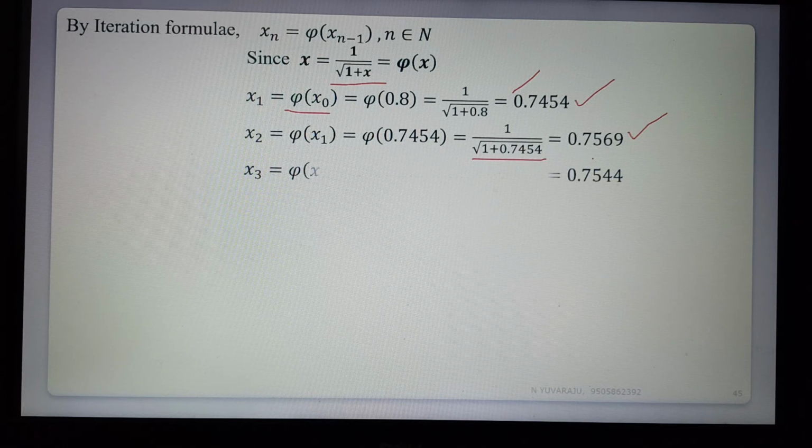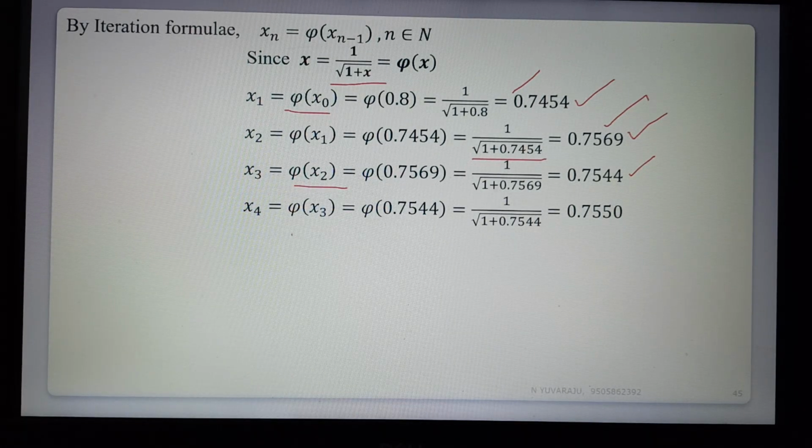Similarly, x3 is equal to phi of x2, substituting here: 1 by root of 1 plus 0.7569, after simplification 0.7544. Next, x4 is equal to phi of x3, substituting here, after simplification 0.7550.